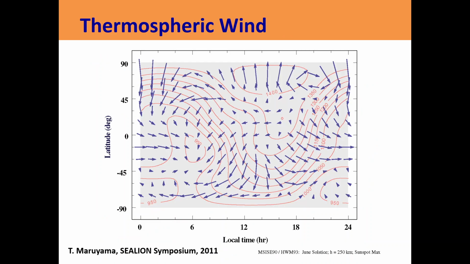This is an example of the wind you can plot from the HWM model. Okay? You can download these coefficients, or not coefficients, but maybe values. For example, in this picture, this is the wind at the height of 250 kilometers. Okay? The x-axis is the local time, and the y-axis is the latitude. So for example, if you look at a certain latitude, like the equator, this is local time, right?